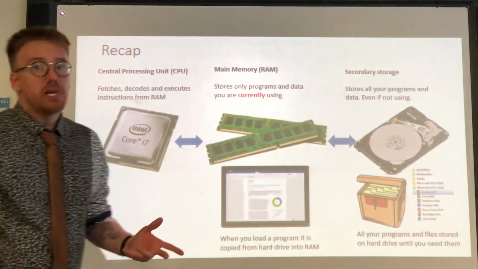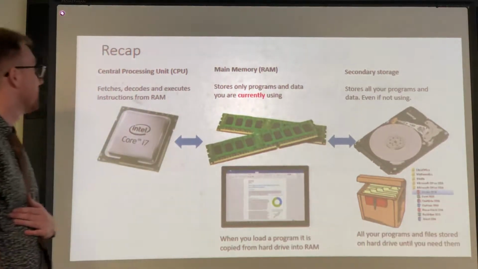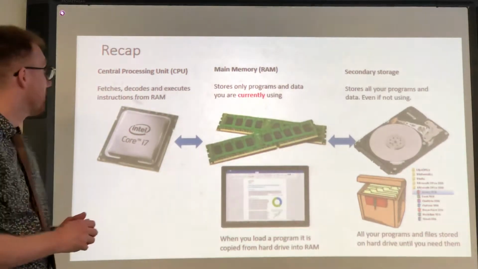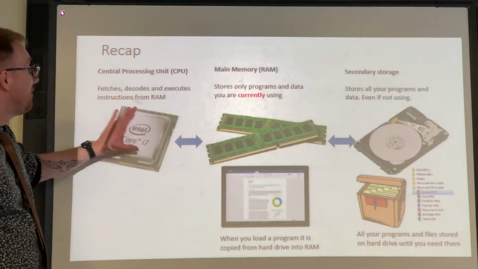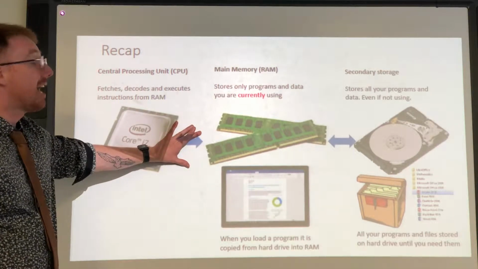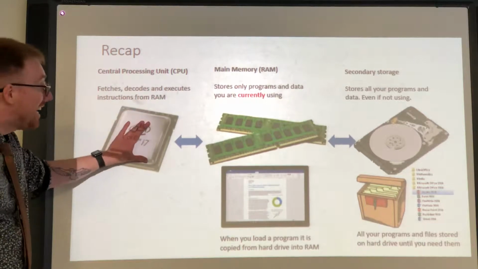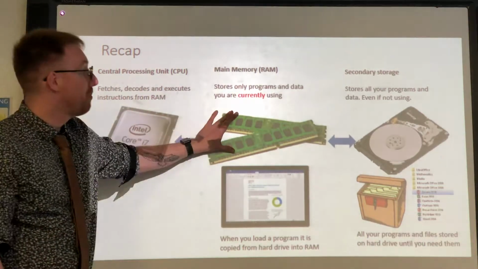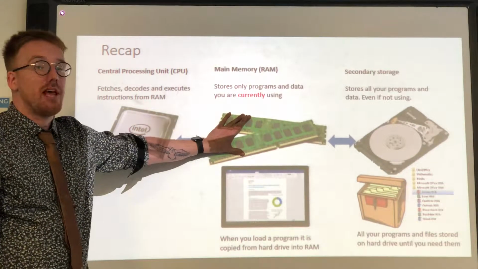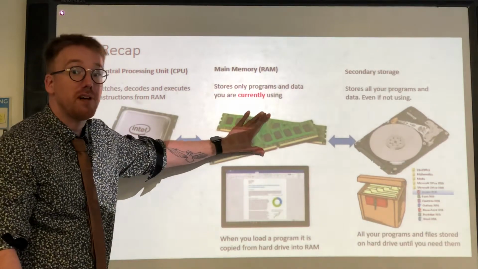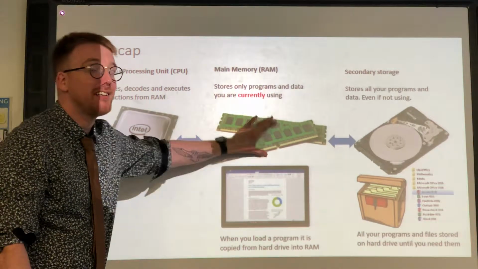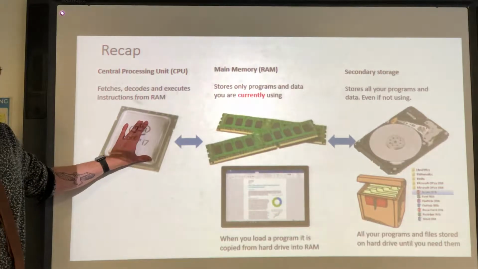So let's just recap from one of our previous lessons. It's important to remember that the CPU fetches, decodes and executes instructions. That's what the CPU does. And it gets those instructions from main memory, from RAM. And inside of RAM, we'll find the instructions and the data that the CPU is currently dealing with.